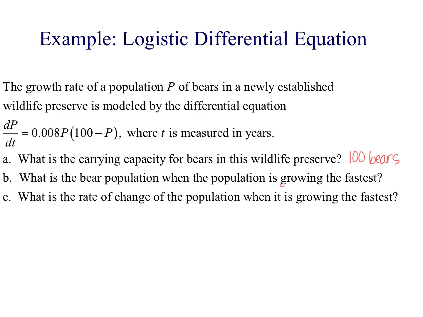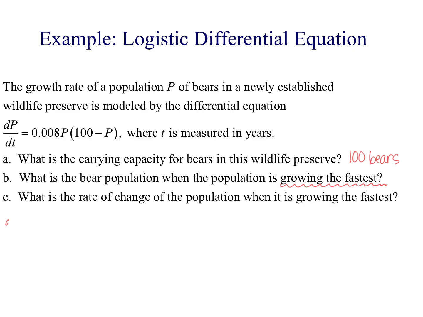So the key in calculus is, what does growing the fastest mean? Okay, so yes, we are finding a maximum, but it's a question of, are we finding the maximum of the bears? We already know the maximum of the bears is going to be 100. We want to find the maximum of the rate to answer part B.